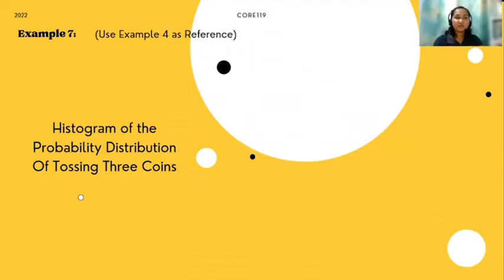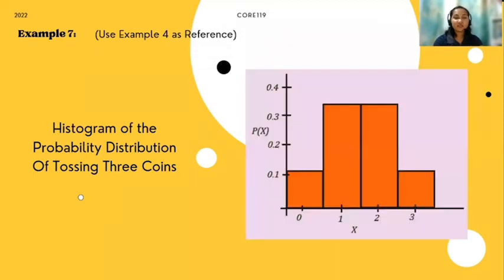So this will be the histogram for the probability distribution of the number of sales that the salesperson will make. For example number 7, this is the histogram for the probability distribution of tossing 3 coins. So we have the corresponding probabilities. We have 0 and 0.1 for exactly 1 head, that's 1, and 0.3. So meaning the probability is 30%, if not really 3, because it is greater than 30% if I'm not mistaken.